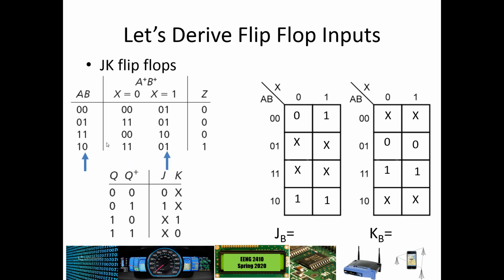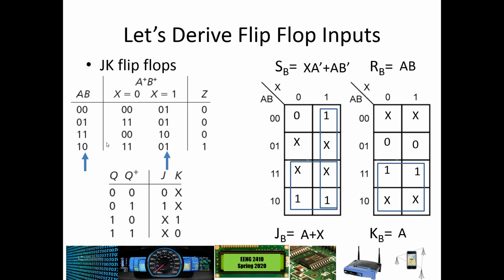We do the same thing for the x equal 1. We have 0 to 1 gives us 1x. We have a 1 to 1 which gives us x0. We have a 1 to 0 which gives us x1, and we finally have a 0 to 1 which gives us 1x. And now if we start circling our logic here in the K-map, what you see is we have A or X for the JB, and then we simply have A for the KB.